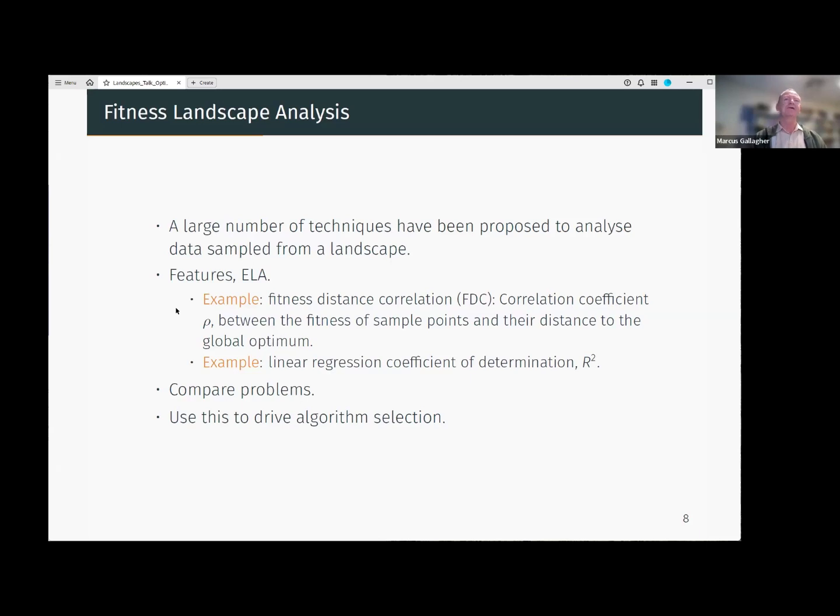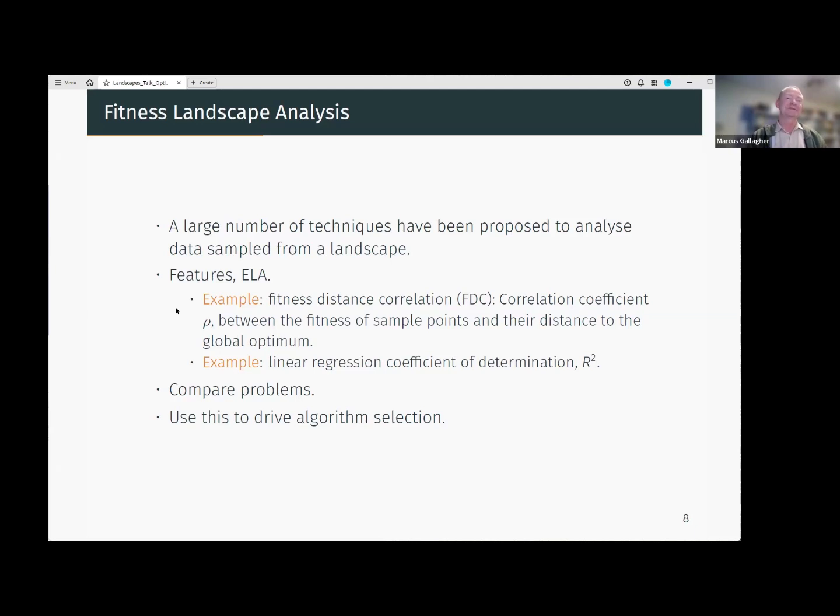For example, you might calculate simple statistics like a correlation coefficient. Take a sample of points, evaluate the fitness, and also calculate their distance to the global optimum, and then calculate the correlation coefficient. Gives you some indication of what the landscape looks like as you walk away from the global optimum, on average.